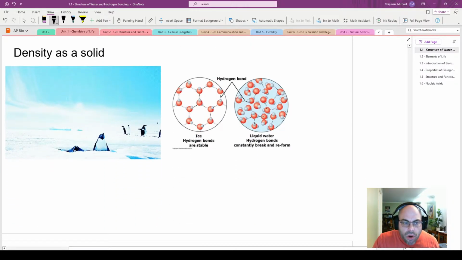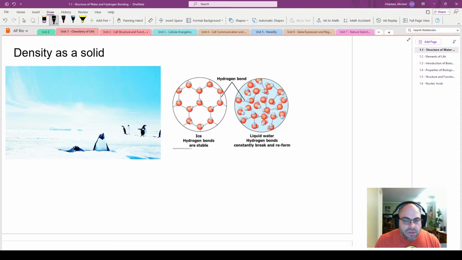And then water is less dense as a solid. How is that possible? Well, the reason it's less dense as a solid is because as the water cools, the molecules slow down. And as they slow down, they kind of lock into place. It's the way I think about it.